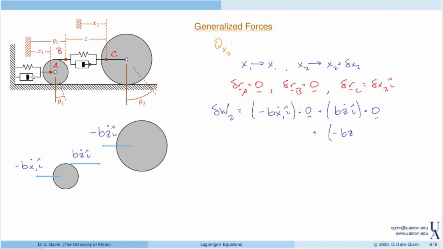And then we have the third force, which is displaced by delta x2 in the I direction. So the total virtual work is minus B times Z dot, delta x2.